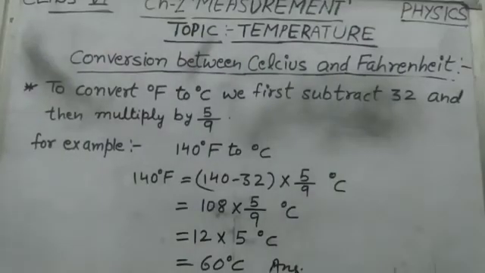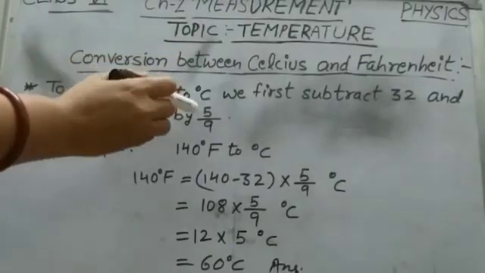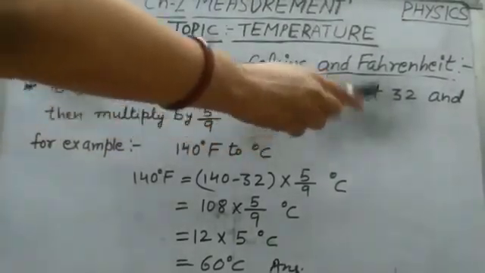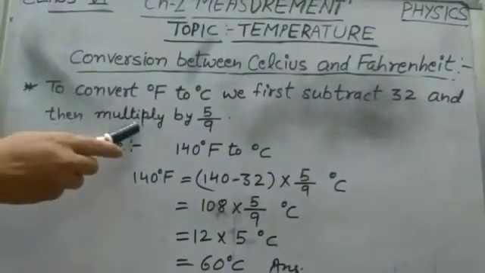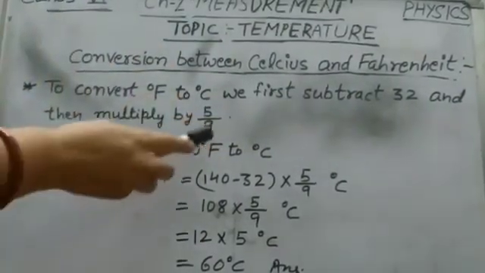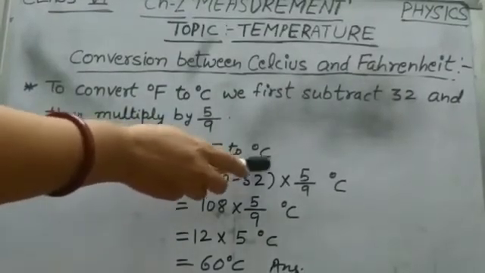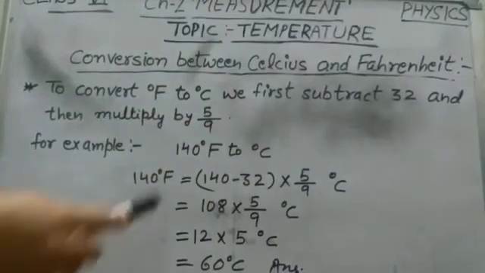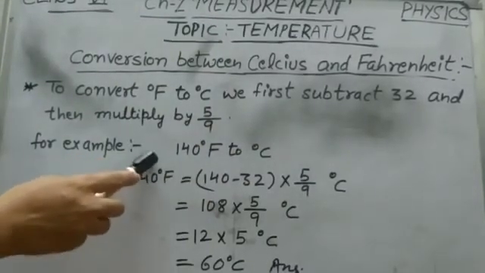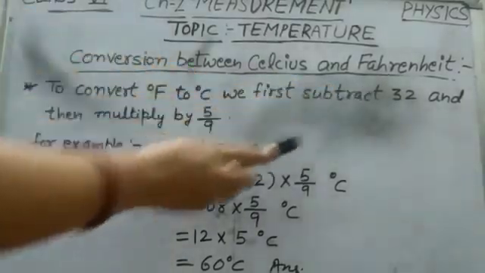And next one, to convert degrees Fahrenheit to degrees Celsius, we first subtract 32 and then multiply by 5 by 9. For example, we have to convert 140 degrees Fahrenheit to degrees Celsius. So we have the value 140 degrees Fahrenheit. What will we do? First we subtract 32.